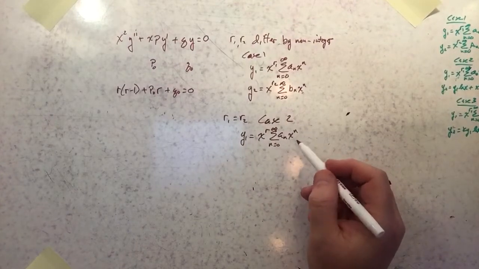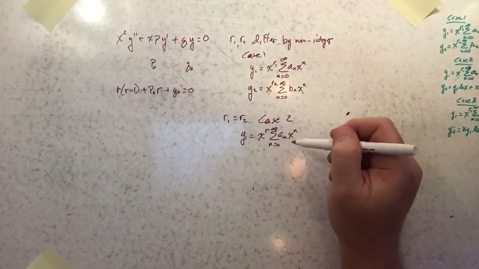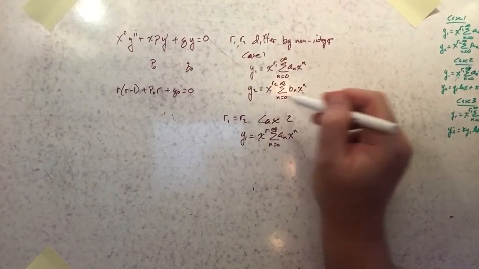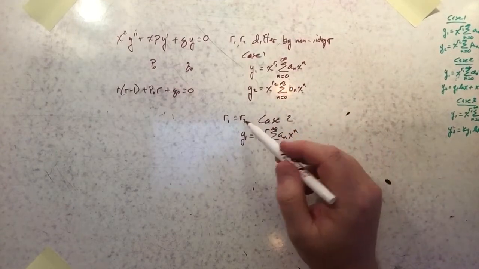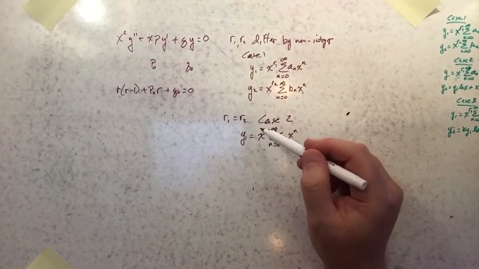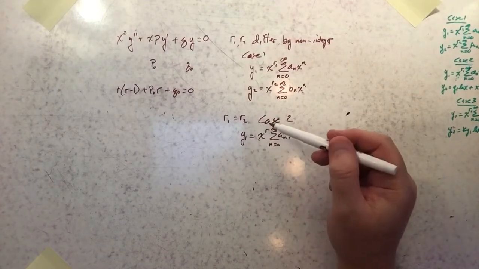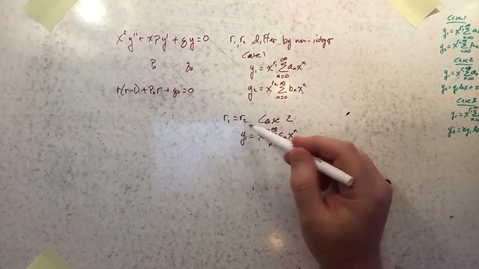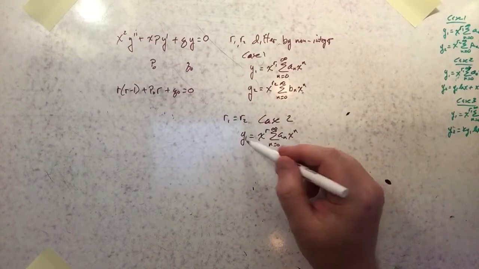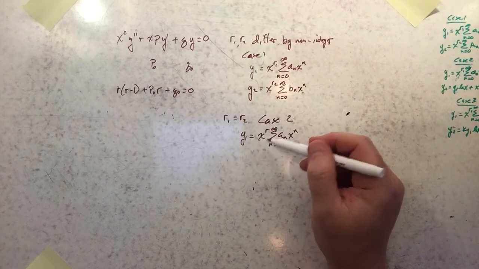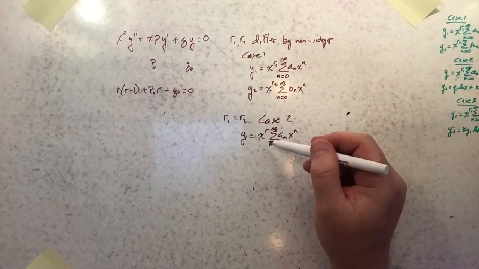And in essence, it means that when it's a double root, you treat it just like case 1 in the first scenario, right? The second one comes as a result of, remember, we kind of introduced these with the idea that these were a lot like Euler-Cauchy equations. And of course, whenever we had a double root with an Euler-Cauchy, the first solution was x to the m, and the second one was x to the m times the natural log of x.